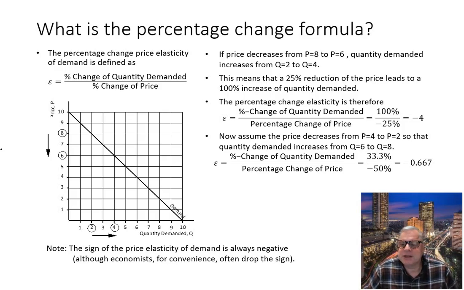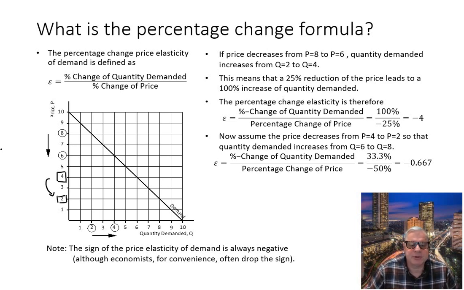But now let's see what happens in a second scenario, where we lower the price from 4 to 2, so now we are down there.